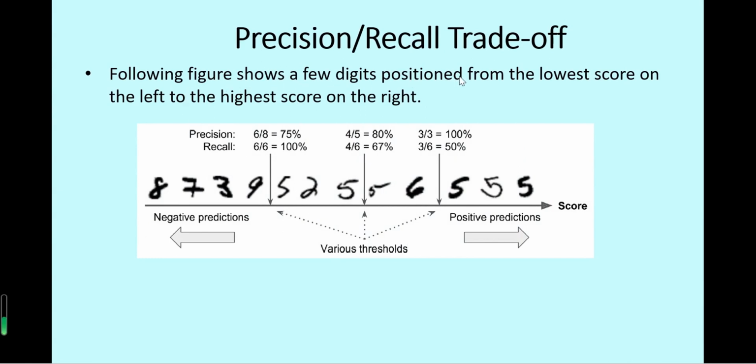It shows a few digits positioned from the lowest score on the left to the highest score on the right. Each digit is an observation, an instance, with a score from the model. So this 8 has a very low score, this one has a score in the middle, and this observation has a very high score.